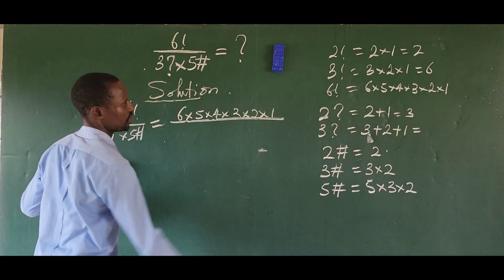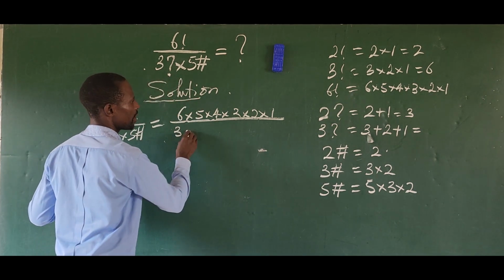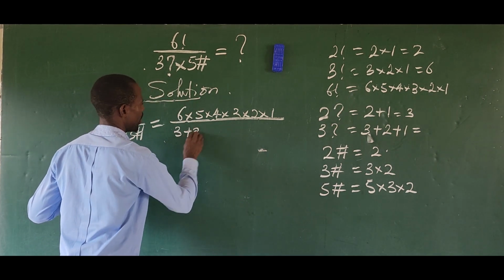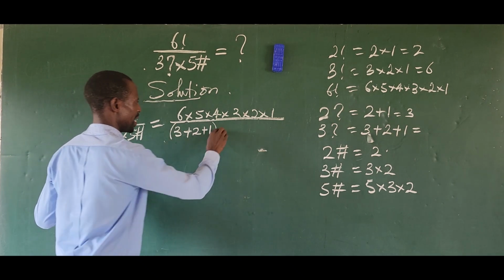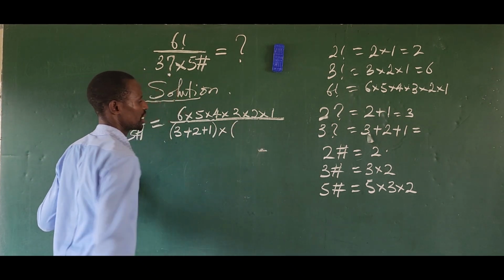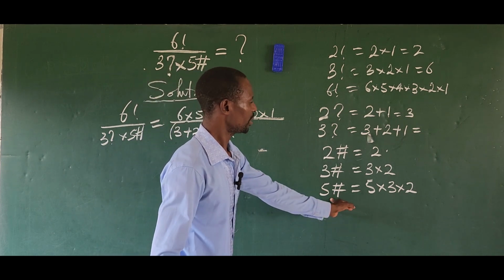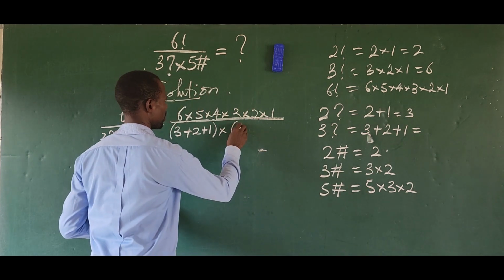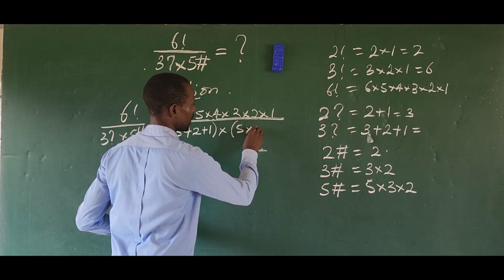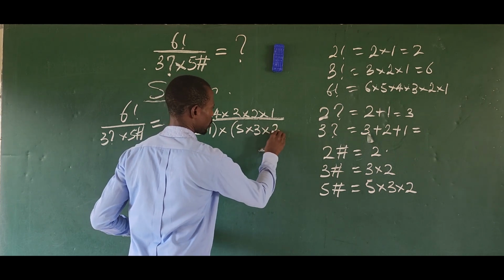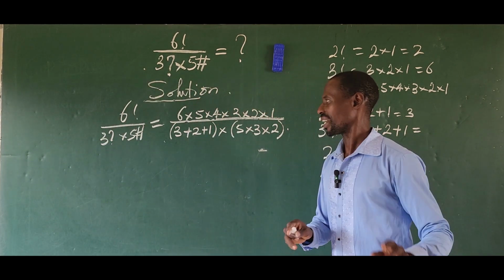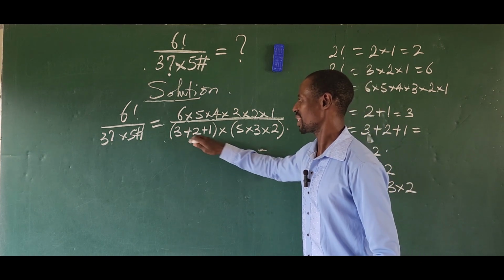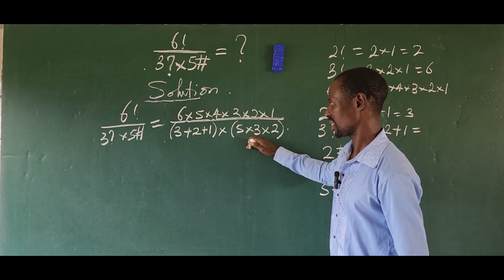We have it to be what? 3 plus 2 plus 1. Let's put this in brackets. Then times, let's also put this in brackets, our 5 primorial, which gives 5 times 3 times 2. Close bracket. Easy. We can easily add this together, but let's leave it the way it is here.